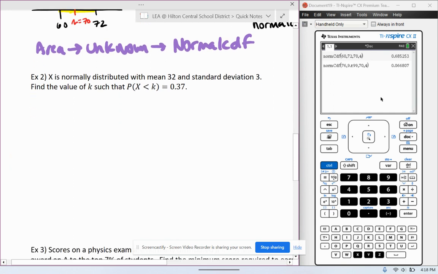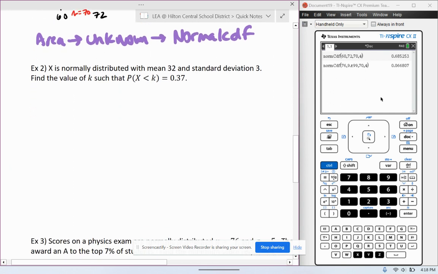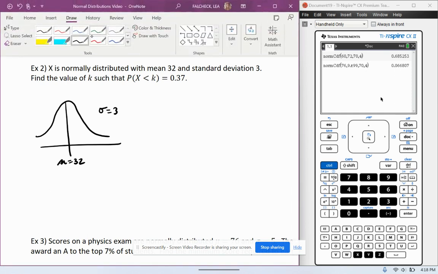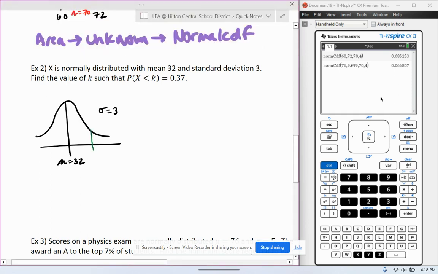Let's look at some other problems that we have. So here, example 2, X is normally distributed with a mean of 32 and a standard deviation of 3. We've got our curve that looks like this. We're trying to find the value of k such that the probability that x is less than k is 0.37.